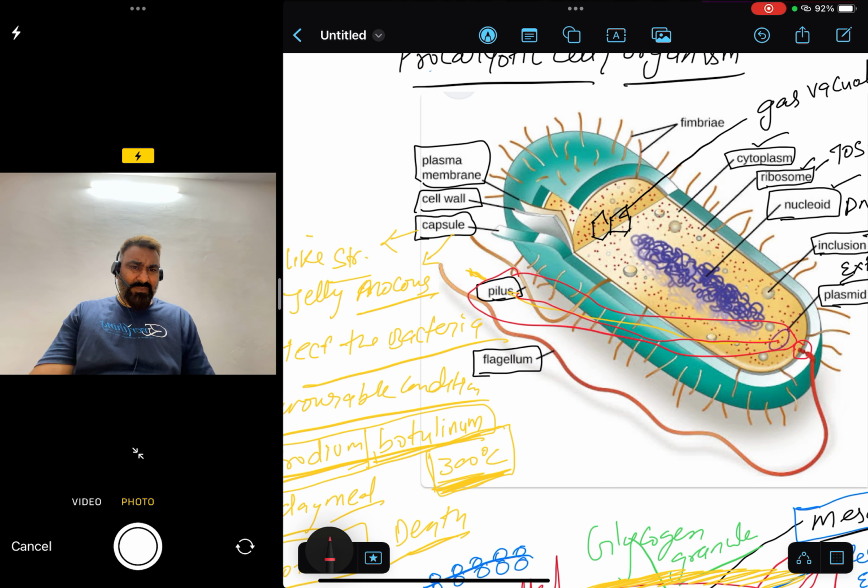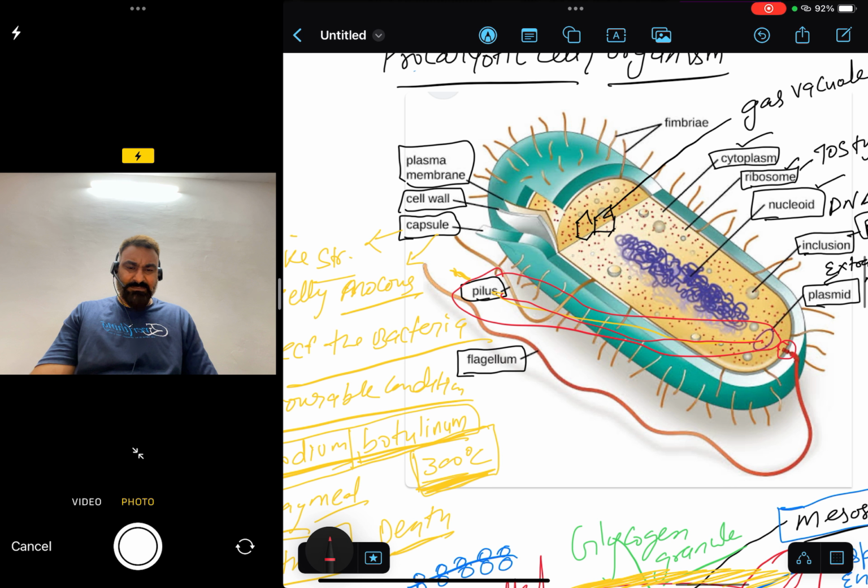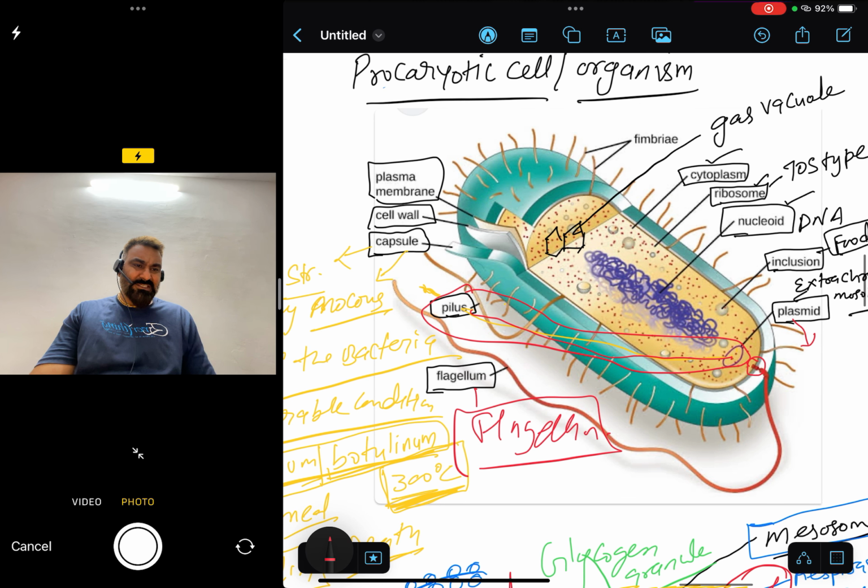Okay. Now, what is this? Fimbriae or pilus are the same thing, so don't be confused. Flagella are made up of flagellin protein, which helps in movement of bacteria. Plasmid is the extrachromosomal DNA, which contains genes for antibiotic resistance and sexual reproduction. Inclusions are food particles or food storage granules. Nuclear DNA is without histone proteins and a nuclear membrane.